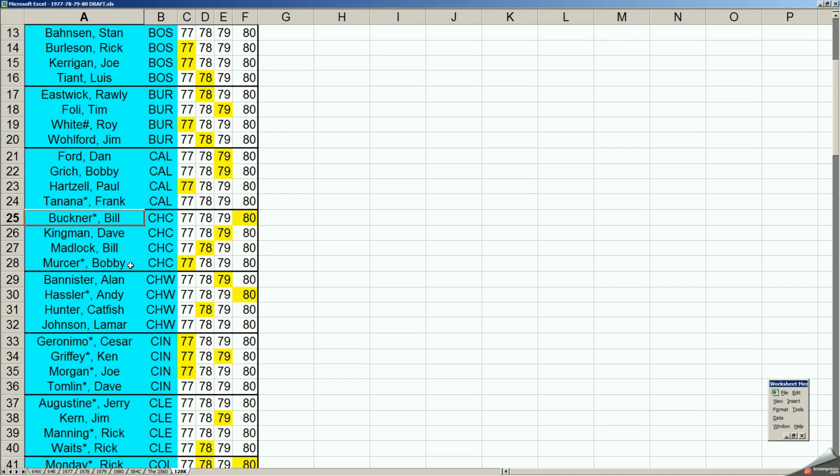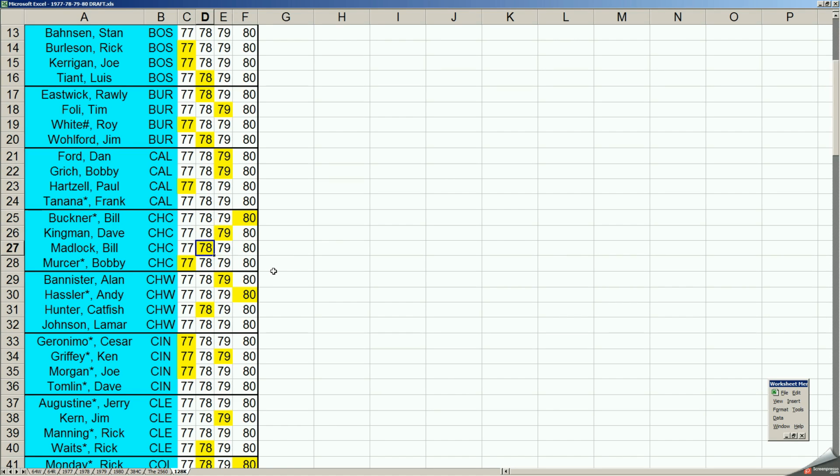And if you're following this and you're rooting for a team to go from worst to first, in this division, we talked about how great the Reds and Pirates were. It's time to jump on the Cub bandwagon and say, Bill Buckner wins a batting title in 1980. Dave Kingman hits 48 home runs in 1979.